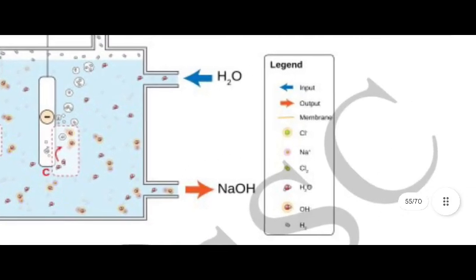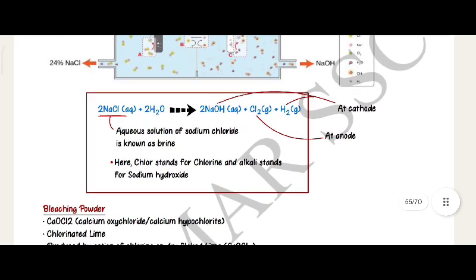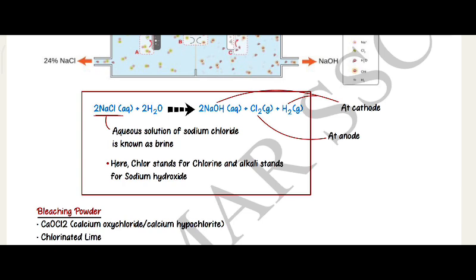Legend: input, output, membrane, Cl2, H2O, Cl minus, Na plus, OH minus, H2. Sodium chloride aqueous plus H2O gives 2NaOH plus Cl2 plus H2.